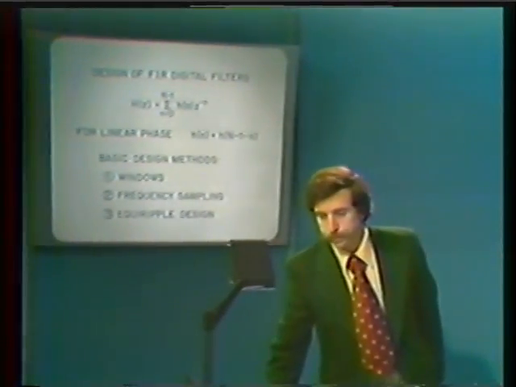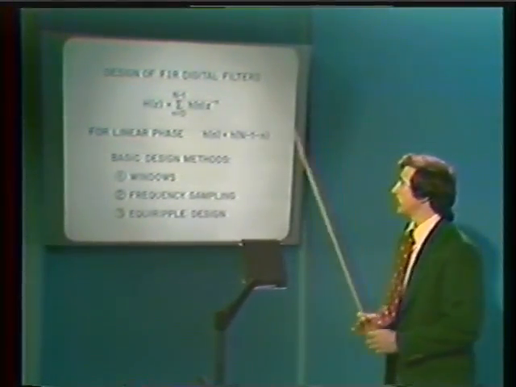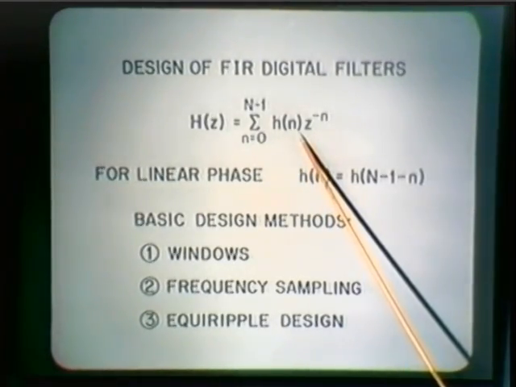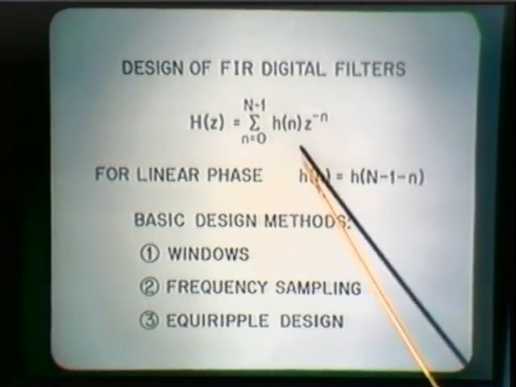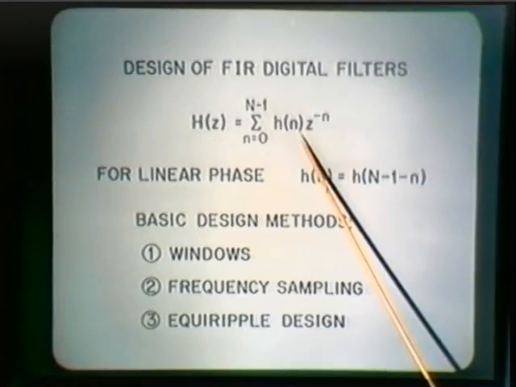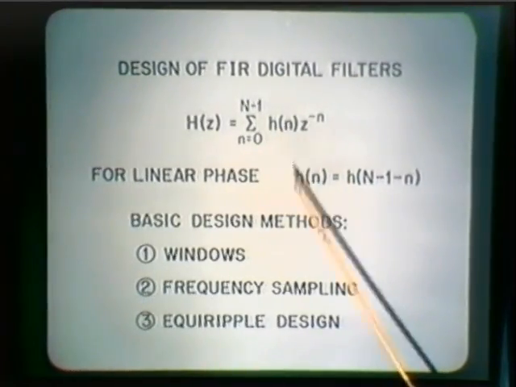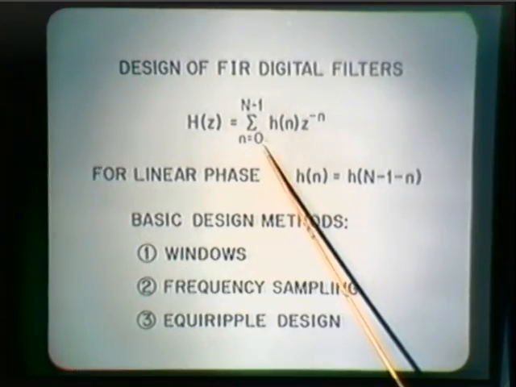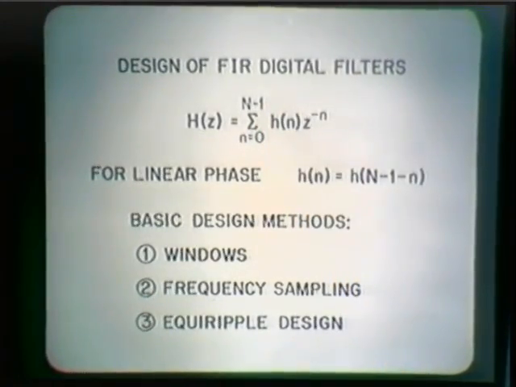So in the design of finite impulse response digital filters, then, we, of course, are talking about a unit sample response that is of finite length, and we'll choose the length, the interval over which the unit sample response is non-zero, to be in the range from 0 to capital N minus 1.